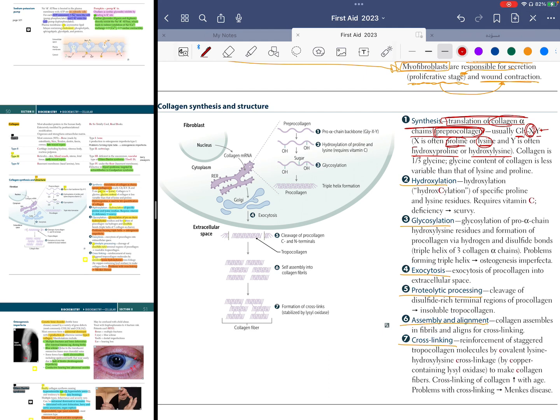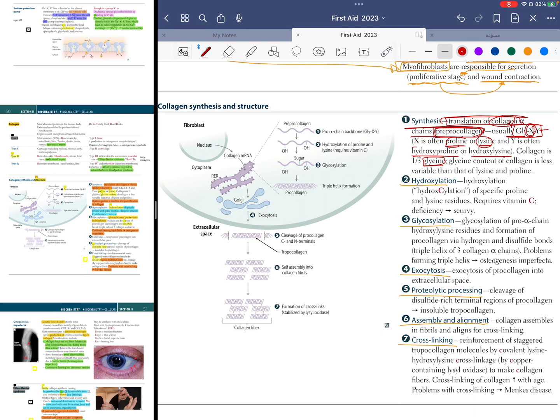Collectively they're called glycine-X-Y. A third of the collagen is glycine. So the glycine content of collagen is less variable than lysine and proline, because as we said, this is the structure of the pre-pro collagen. It's kind of fixed that we do have glycine.